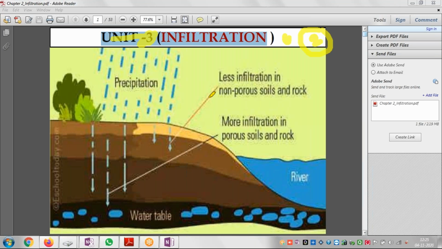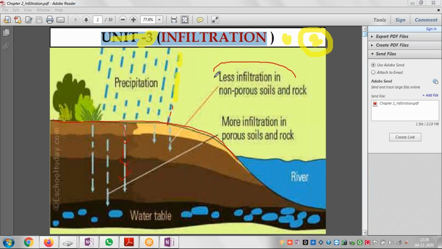So here what happens, we have seen the hydrological cycle. Rainfall occurs. Once this rainfall occurs, what happens? This rainfall goes into the soil, right? This is my soil, and this water goes into the soil, and this phenomenon is called infiltration, right?